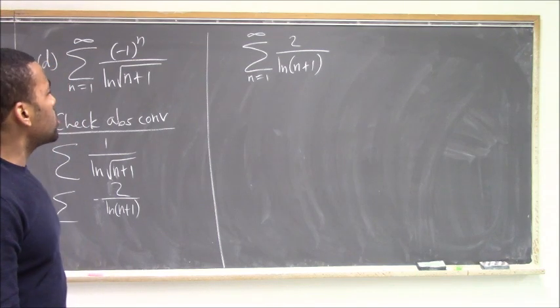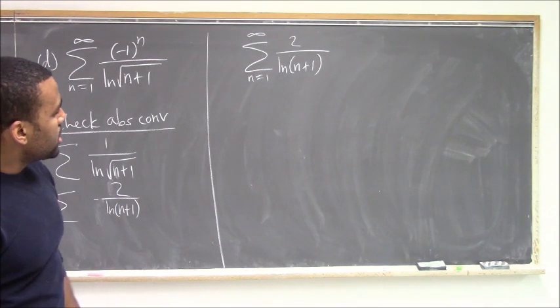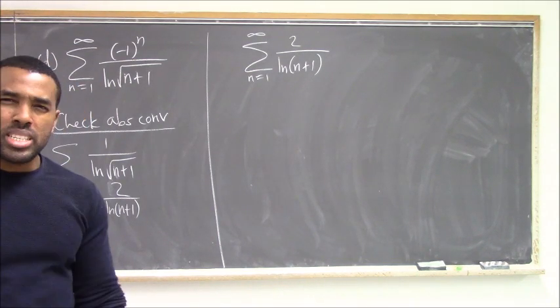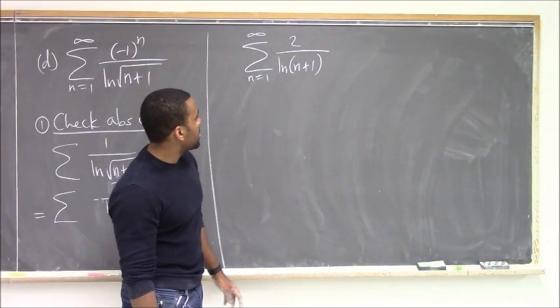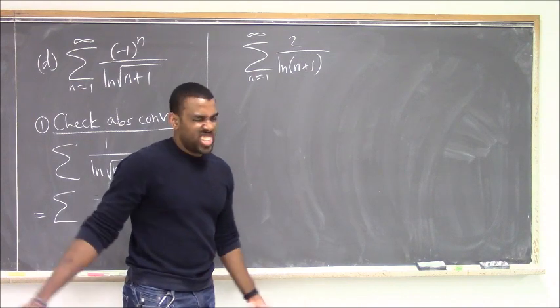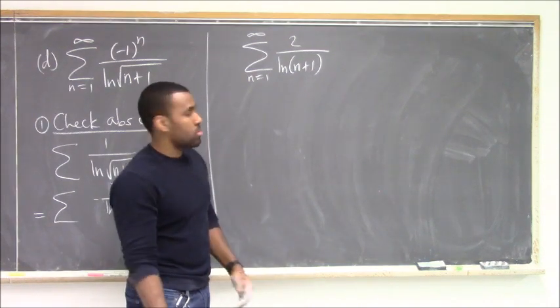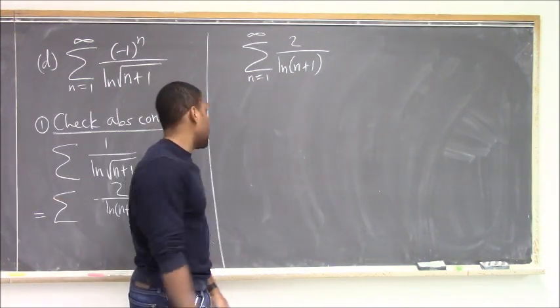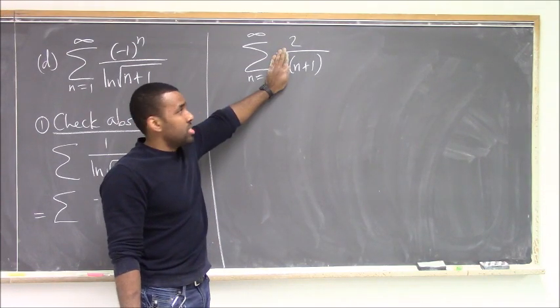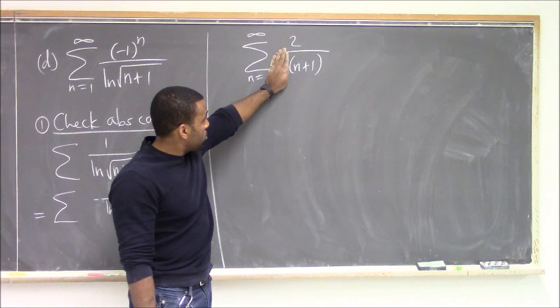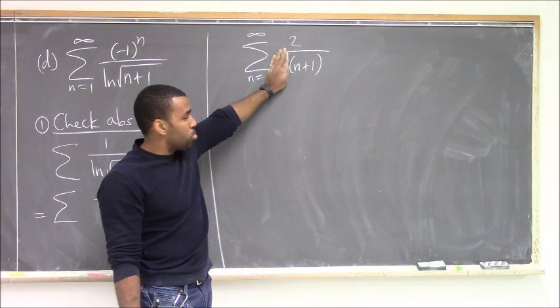So you might want to know what to compare it to. There should be some that are somewhat obvious. And probably what you're thinking, and it's what I'm thinking, would be without the ln, because the ln kind of makes that really annoying, doesn't it? If it were just that, that would actually be no problem.